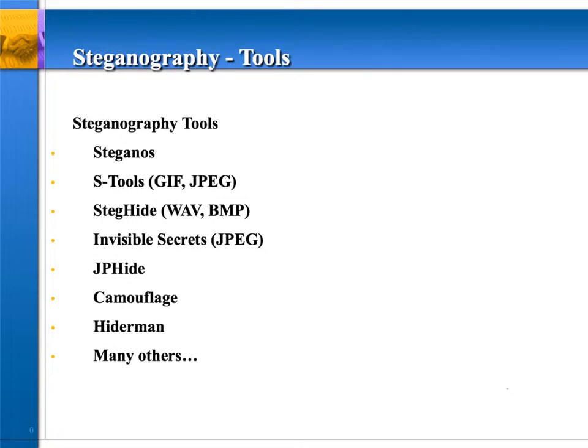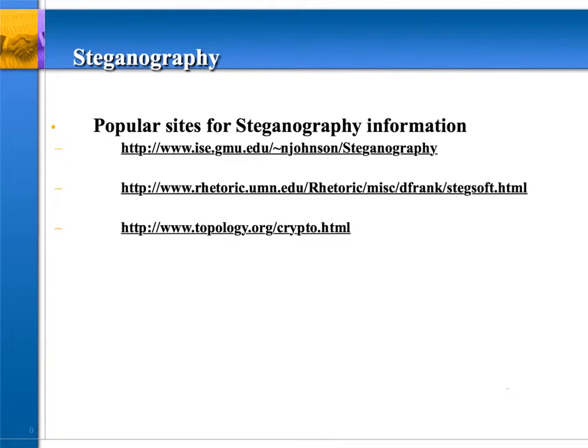Tools, these are just a few: Steganos, S-Tools, Steg Hide, Invisible Secrets, JP Hide, Camouflage, Hiderman, and hundreds of others out there that you can find with a simple Google search. It doesn't take real long to find them. Most of these are open source tools, and some of them give you pretty good instructions, some of them aren't so good.